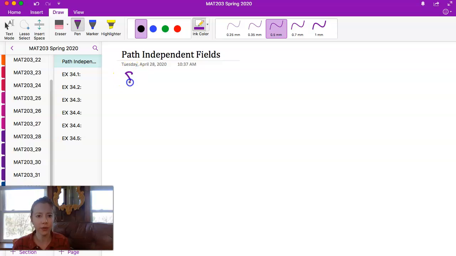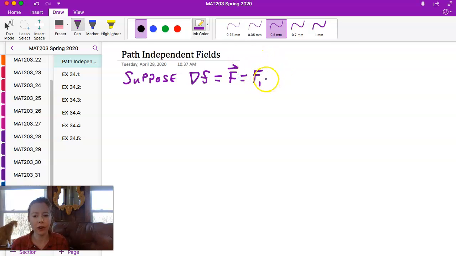So let's suppose that the gradient of f is equal to the vector field where we have just some stand-in for our x component. We're going to call that f sub 1, and our stand-in for our y component, let's call that f sub 2.